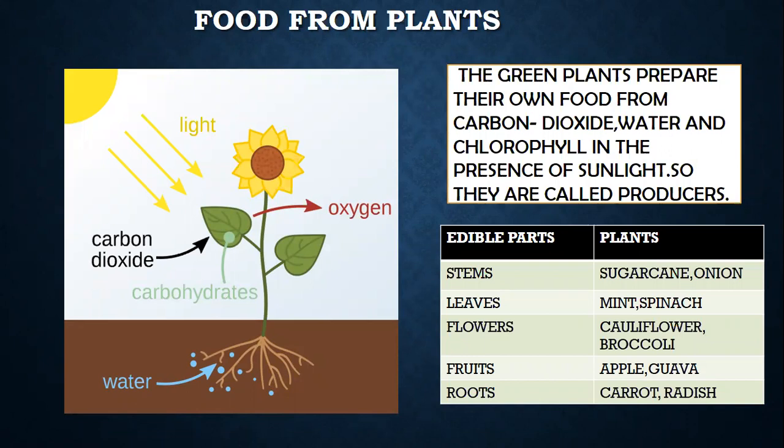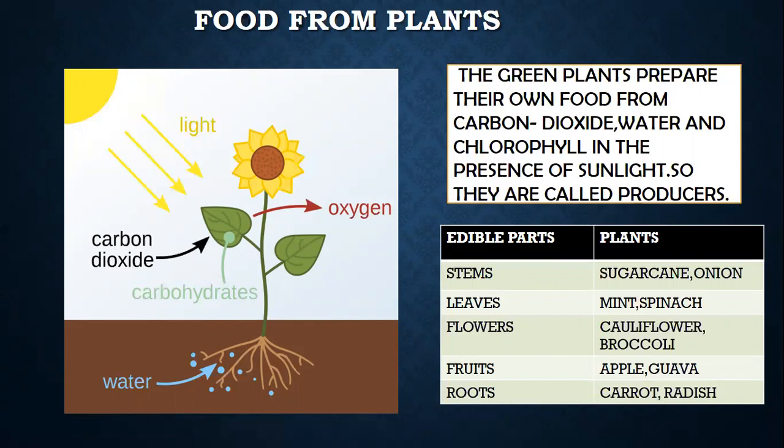As you all are aware, and you have studied earlier, plants prepare their own food, and that's why they are called producers. Now, what are the ingredients plants use to prepare their food? The ingredients used by plants are carbon dioxide plus water.